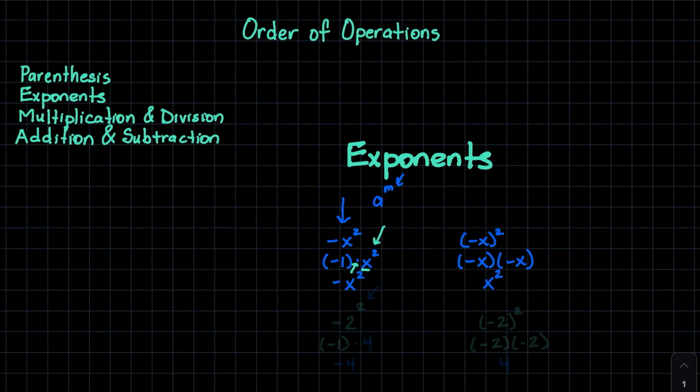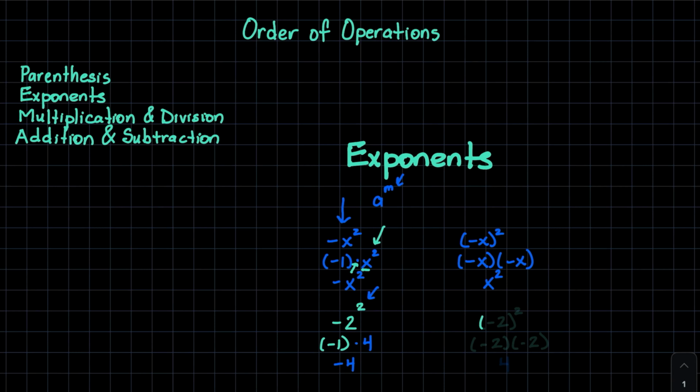And I'll do it with numbers so you can see. I have negative and then 2 squared. By order of operations, I have to start by squaring the 2. And so that negative would still exist, and 2 squared is 4. And -1 times 4 is -4.